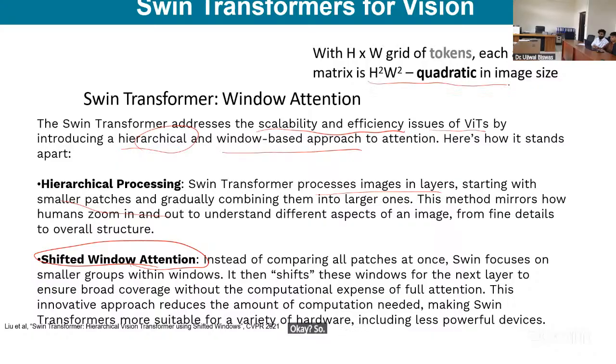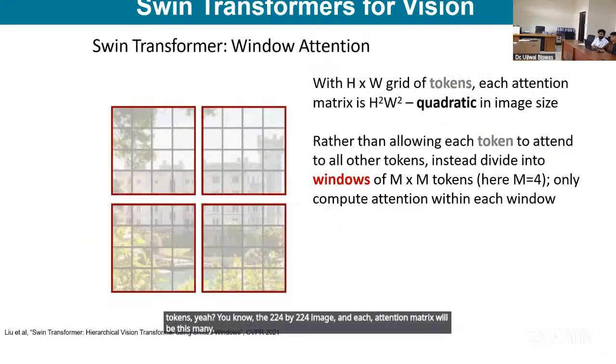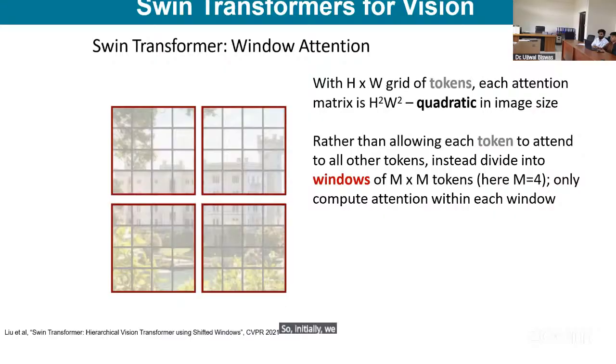Initially the problem was quadratic: if you have a 224 by 224 image, the attention matrix will be this much in size.